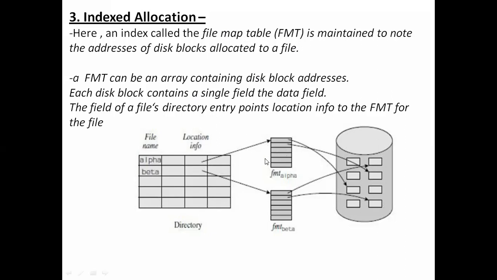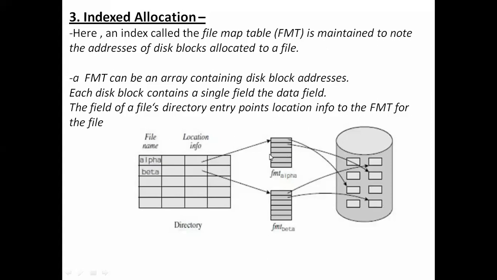Inside the FMT for alpha and the FMT for beta, you can find various data fields, and these data fields point to the various disk blocks available on the hard disk. Understand this.